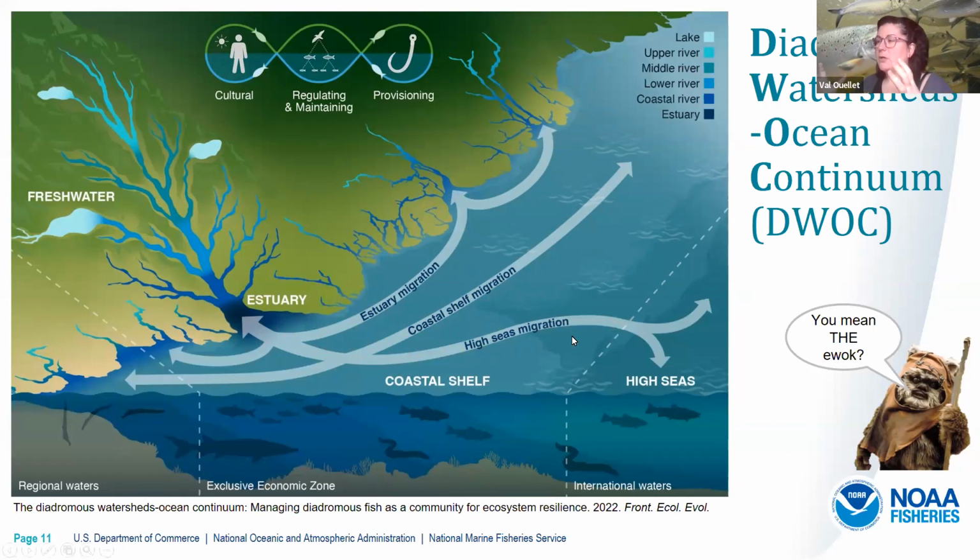Our conceptual figure is really just putting all those connections together, things that we know but often overlook because it can be a little bit overwhelming to think about. But having it in a picture and starting to think about those connections is really helpful for how we want to move things forward, like thinking about larger scale projects and ecosystem-based management. The figure also highlights that when we think about management, fish are moving between different borders, even international waters.